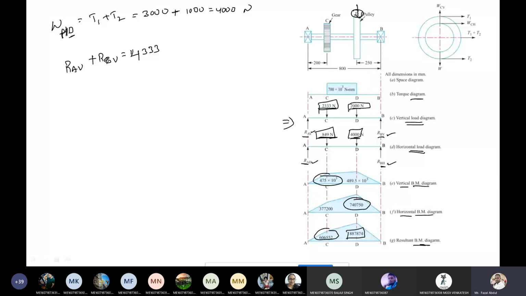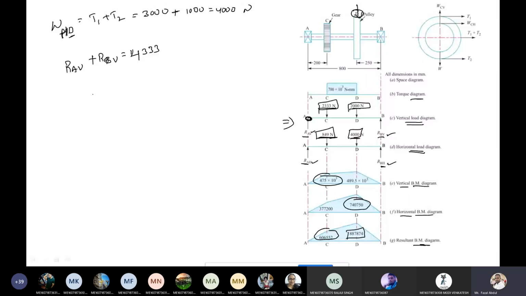This is the total load acting as vertical load. Okay. Now taking moment about A point. Taking moment about A point. Now see here.